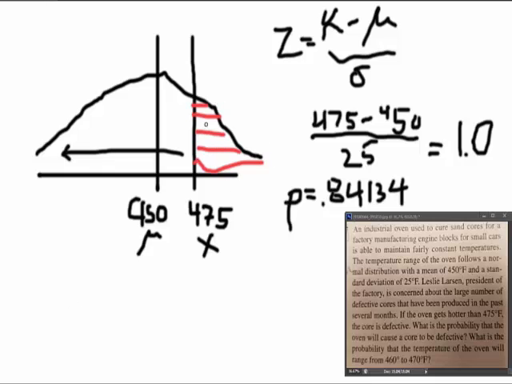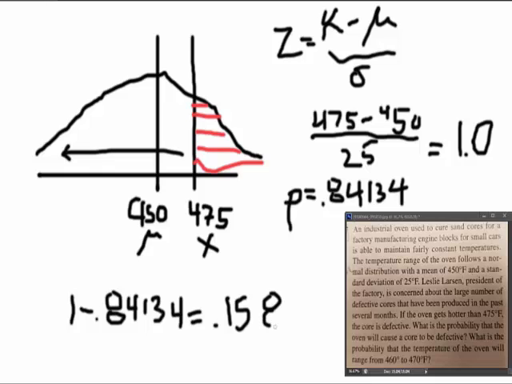So what I have to do in order to figure out what this area is, I take 1 minus 0.84134, and the answer to that is 0.1587.